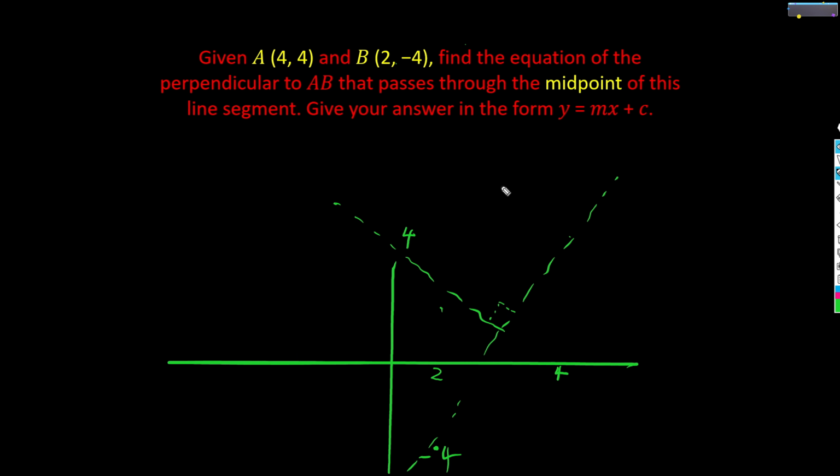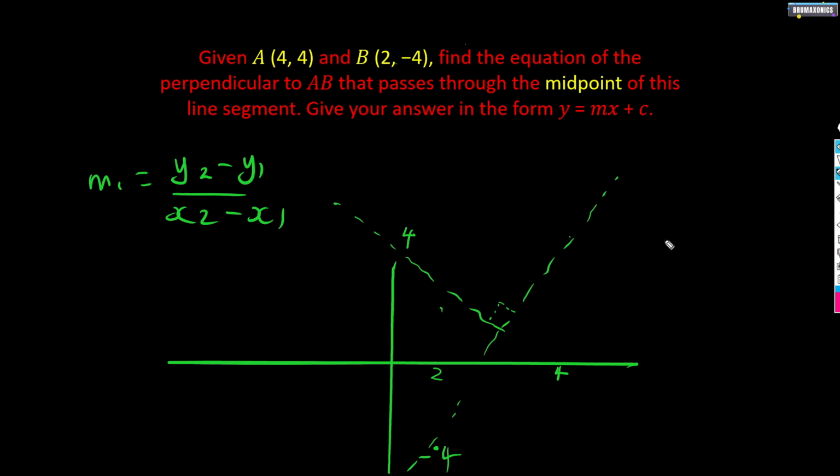So what I'm going to do is to think about the two points, and we are talking about the perpendicular line, meaning that we have to find the gradient of the two. Let me write the gradient. Let me say that M1 is equals to y2 minus y1 all over x2 minus x1, right?